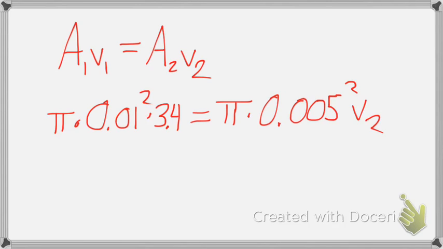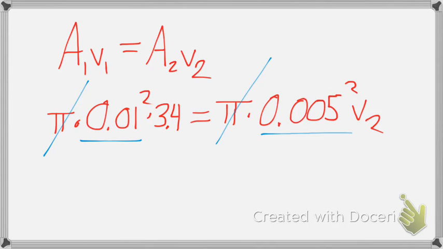Again, since the cross-sectional of a cylinder is a circle, the area is pi r squared. Notice that I changed my radii to meters, away from centimeters. So it's pi times 0.01 squared times 3.4 meters per second will equal pi times 0.005 squared times V2. Now all I got to do is solve for V2. Actually, pi cancels again.